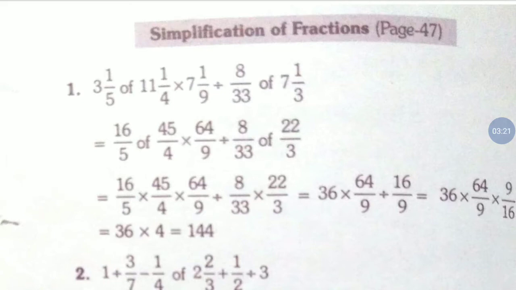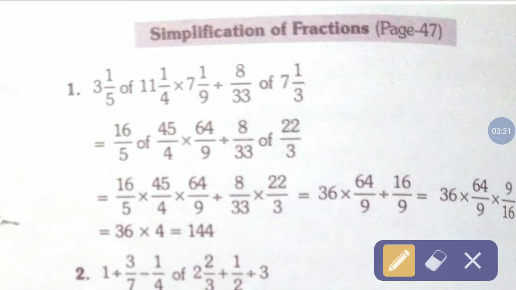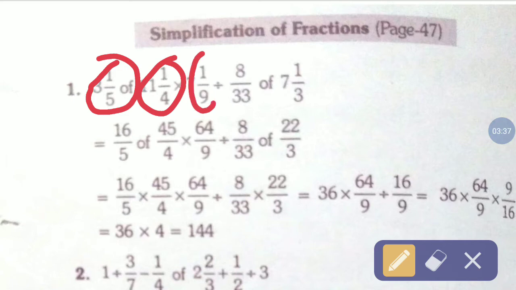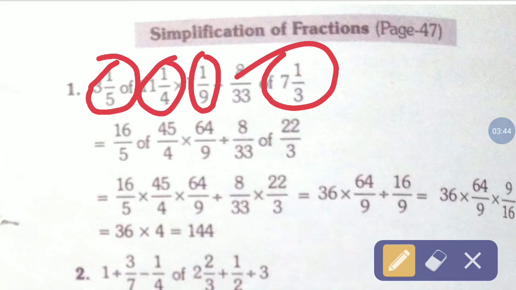As we have seen previously, what does this "of" mean? Of means multiplication. But before solving this of, what we have to do? We have to convert all the mixed fractions into improper fractions. So 3 whole 1 by 5, 5 3s are 15 plus 1, 16 upon 5 of.